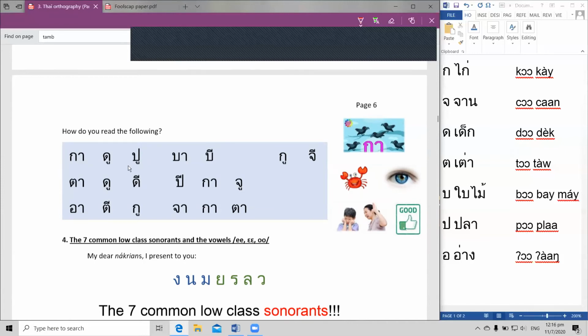All right. So let's see, what character is this? How do you read this? This is ko kai, right? Ko kai, and this is sara a. So ko kai sara a is ka. What about the next one? What consonant is this? This is dodek, correct?